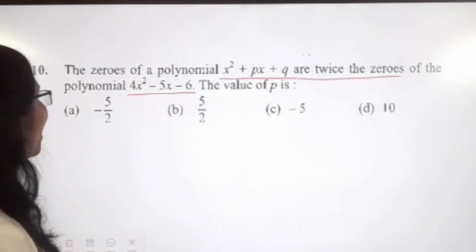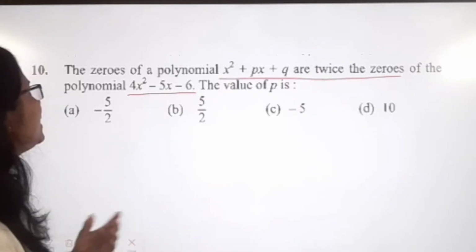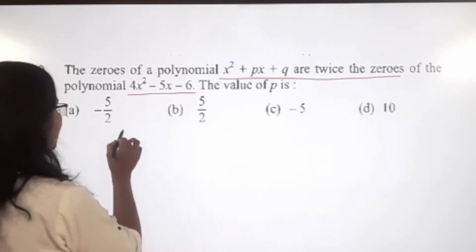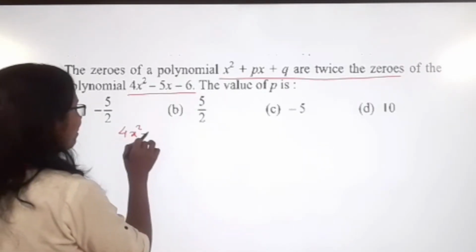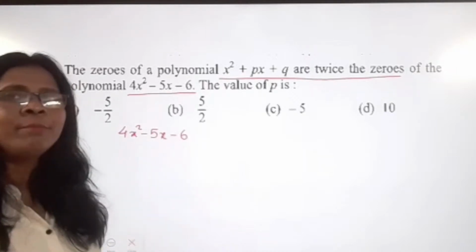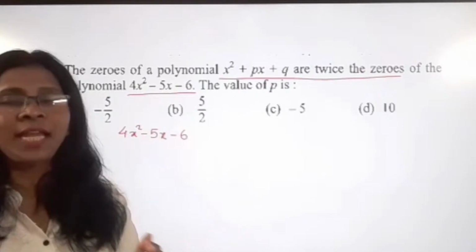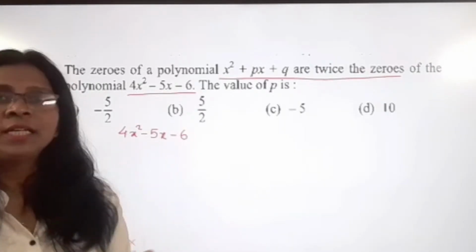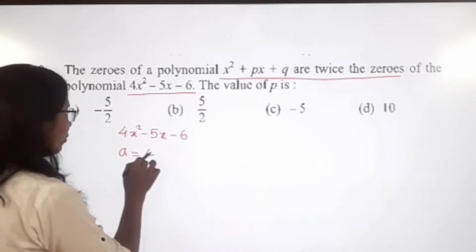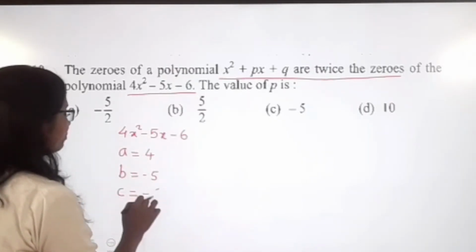Yes. So now here students, the given polynomial, or we say the quadratic equation, is 4x square minus 5x minus 6. As you compare this equation with the general form of a quadratic equation ax square plus bx plus c equal to 0, you can get a equal to 4, b equal to minus 5 and c equal to minus 6.